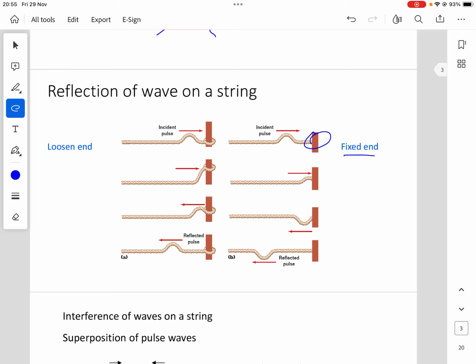The other case we call a loose end. A loose end means that it is attached, but it is allowed to move up and down freely. In the ideal case, it moves up and down without any loss of energy. If one side is not fixed, you cannot make a tension and cannot create the wave on the string.